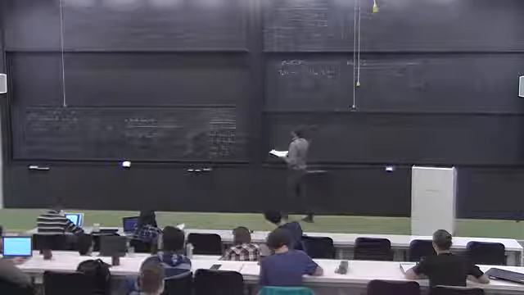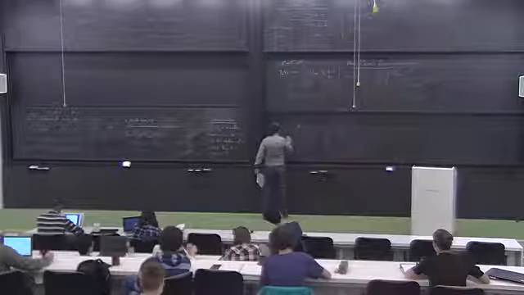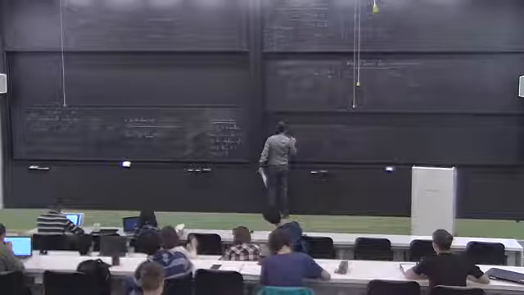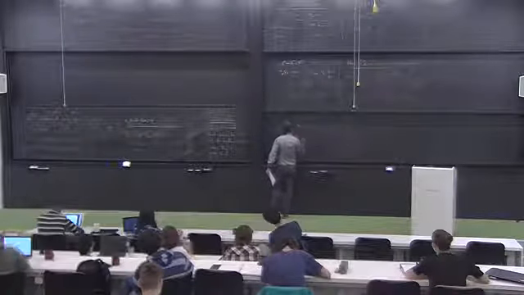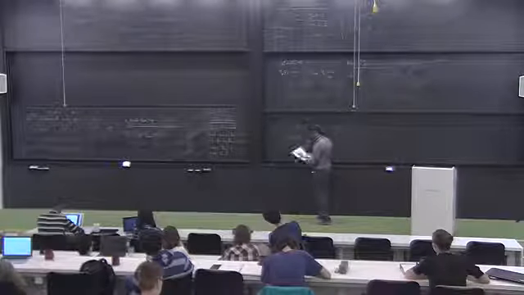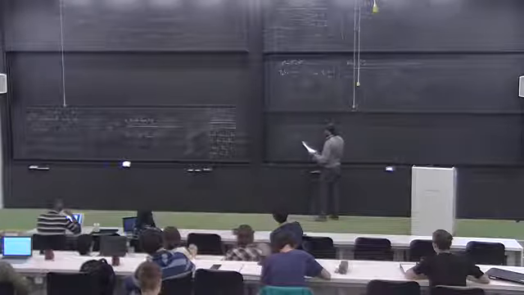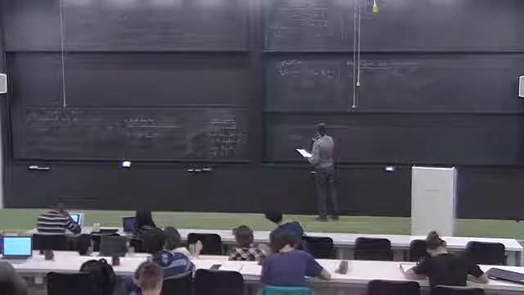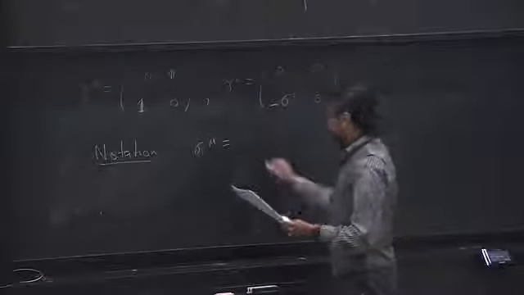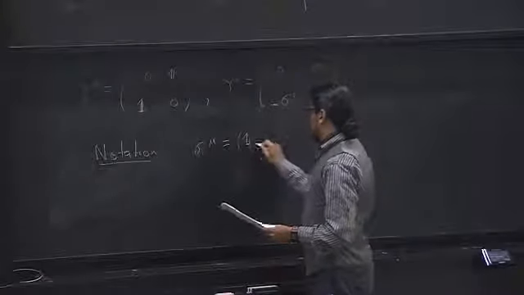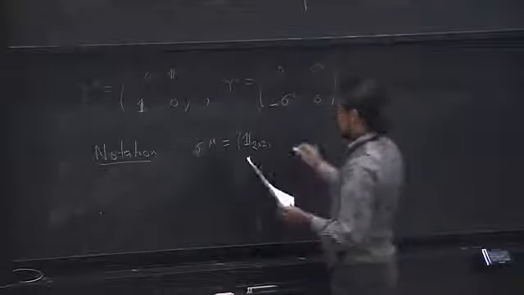So to write out things more compactly, let's introduce a notation. It's kind of a four-covariant notation, meaning it's not really covariant, which is sigma of mu. So mu goes from 0 to 3. The 0th component is an identity matrix, 2 by 2 identity matrix.